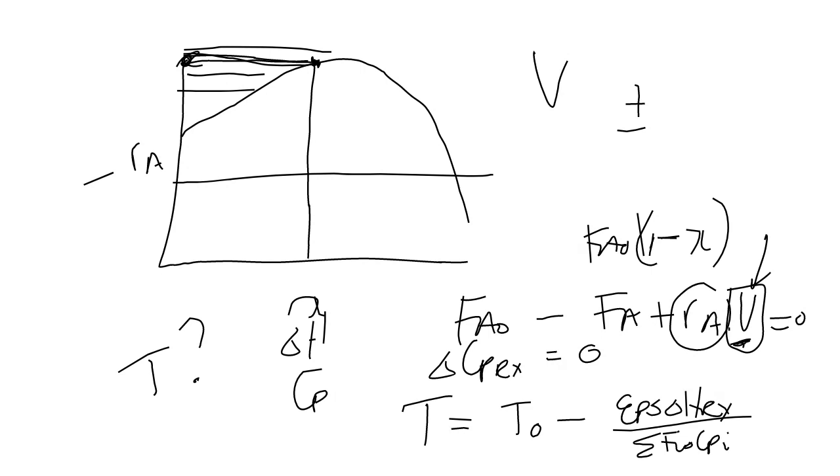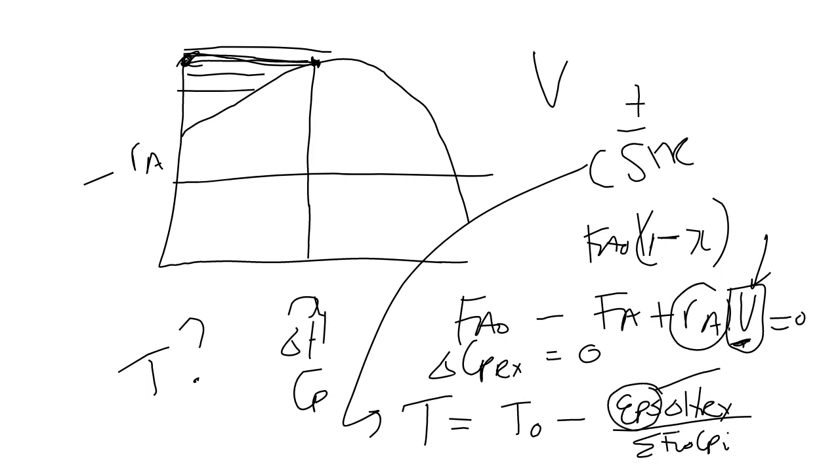And that will be the same whether I have a CSTR or a plug flow reactor. This is the equation that will result. In this case, my epsilon value is going to be FA naught times X, and this is FA naught times the CP of A. So the two FA values will cancel out.